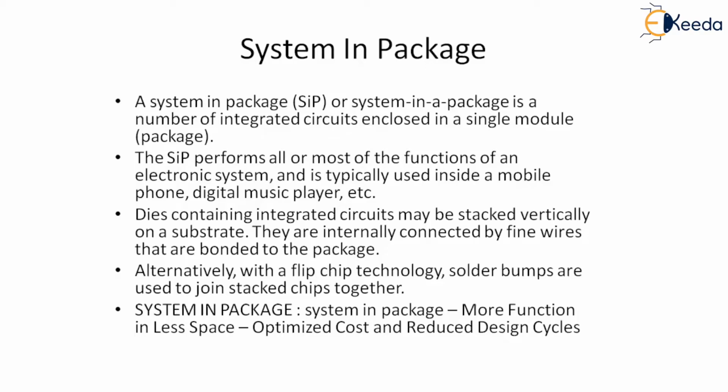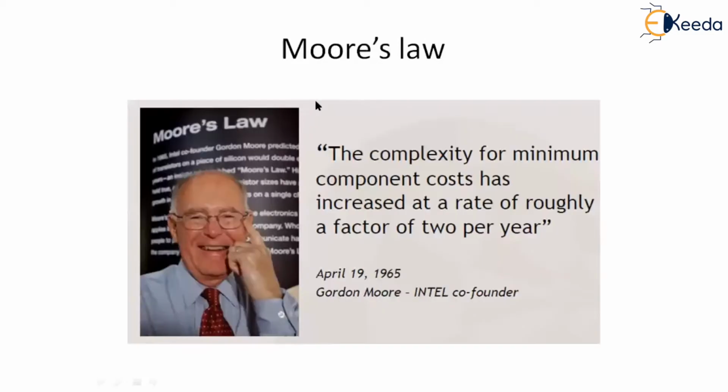So system in package is simply more function in less space, or we can say it is an optimized cost having a reduced design cycle. We all know Moore's law, a very famous law: the complexity for minimum component cost has increased at a rate of roughly a factor of 2 per year.